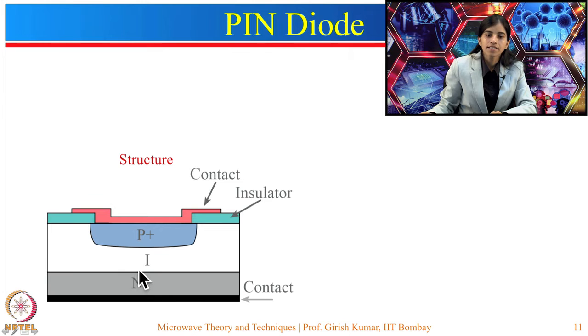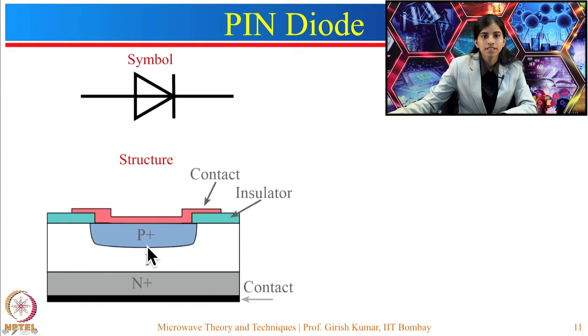In this case the depletion region is relatively wider due to the insertion of this intrinsic region. In the reverse bias case, it will provide a very wide depletion region. So, the capacitance for this diode will be very less and almost constant, because the depletion layer length is relatively wide.